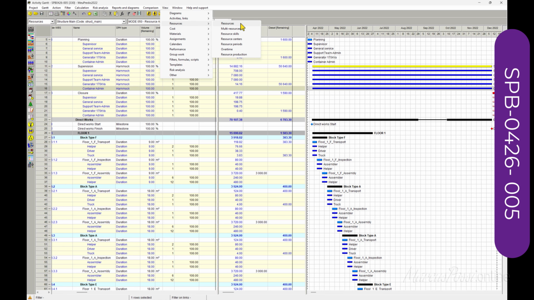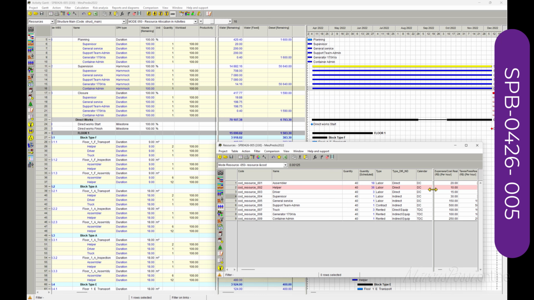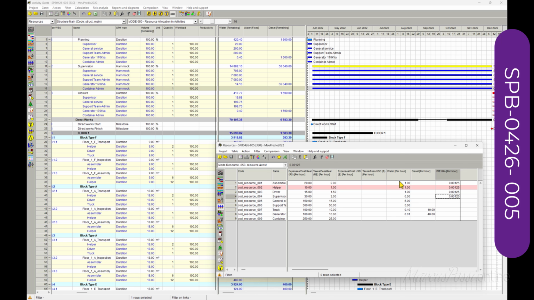Imagine that someone has decided that workers won't drink just 1 liter. They will drink 1 liter per hour, but they will also have a shower at the end of the day, spending 80 liters per shower. 80 liters in 8 hours means 10 liters per hour.